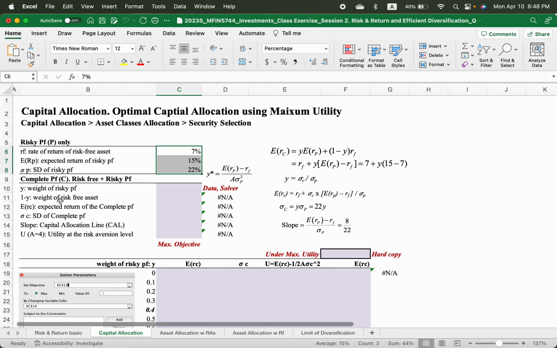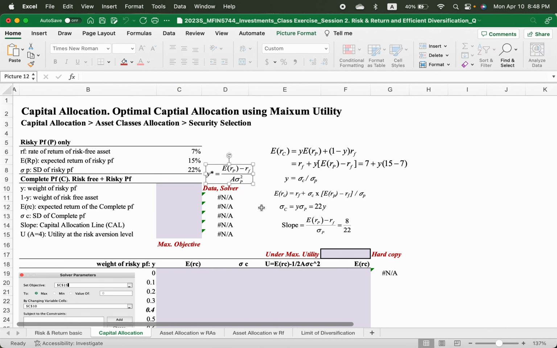Now, again, the point is, how much percentage of the weight out of the total complete portfolio do we allocate to the risky portfolio? You can use the Solver function to find the weight, or you can use these equations derived from the utility.